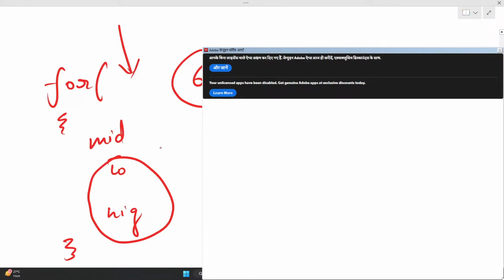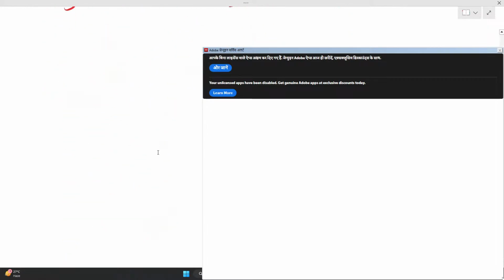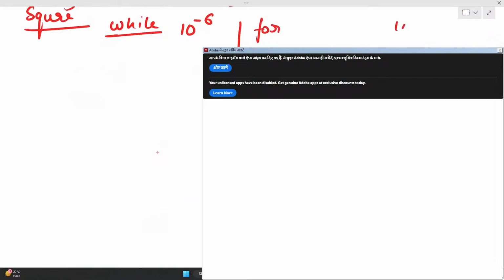Instead of writing it as, okay, I'll write both of those square root functions, trying to find the square root using a while loop when the error I want is 10 to the power minus 6, and using a for loop when the error is again 10 to the power minus 6. So let's say n is up to 10 to the power 6. My low will be 1, my high will be 10 to the power 6.